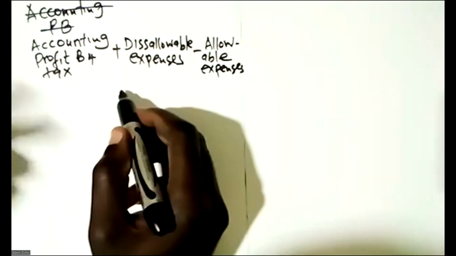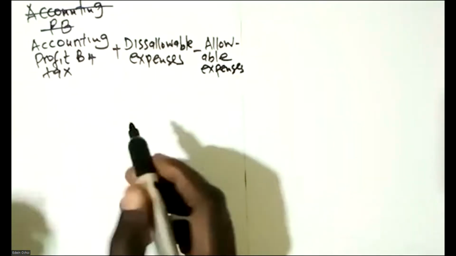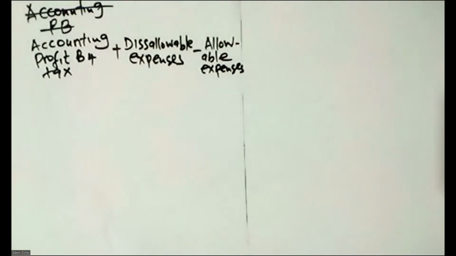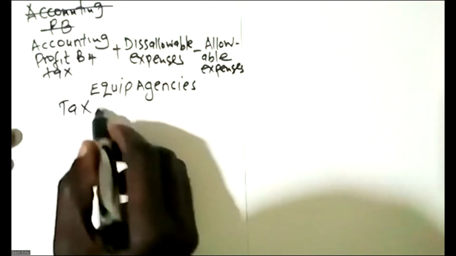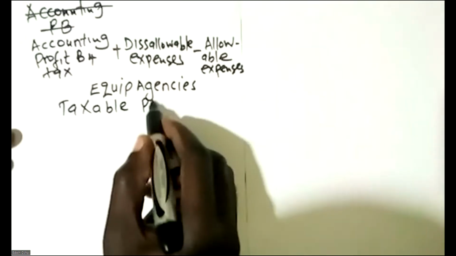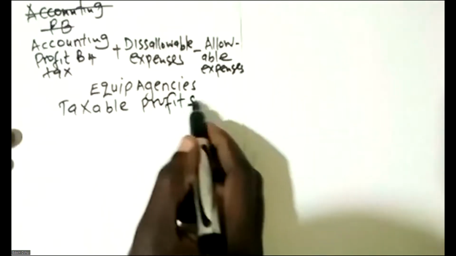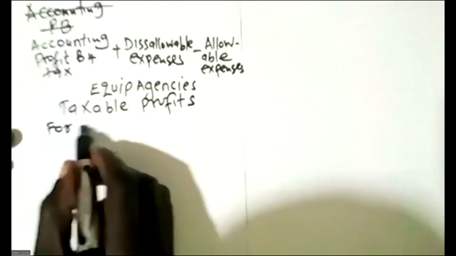So remember that our question was concerning which type of company. This company was called Equip Agencies. So we are computing taxable profits for the year.